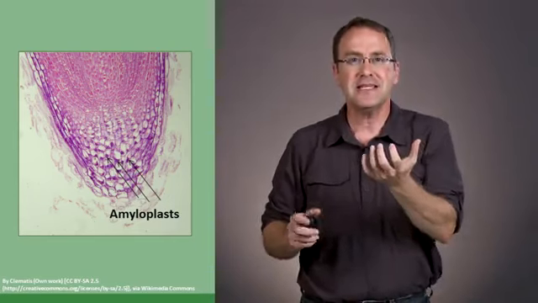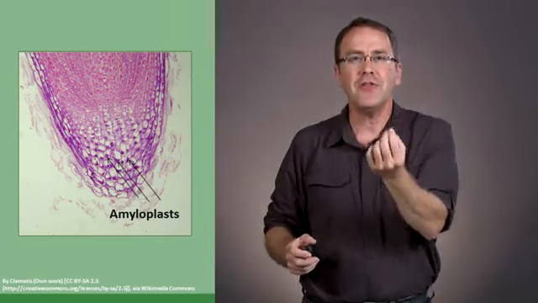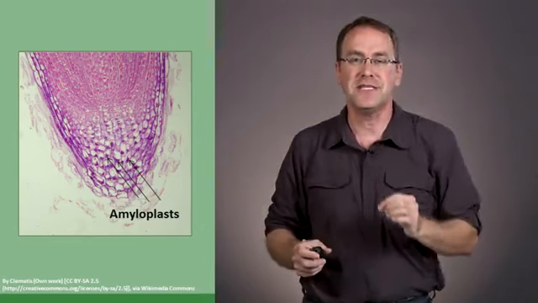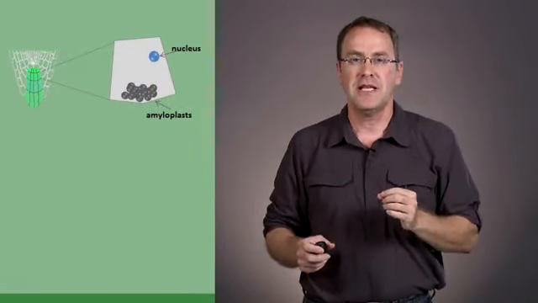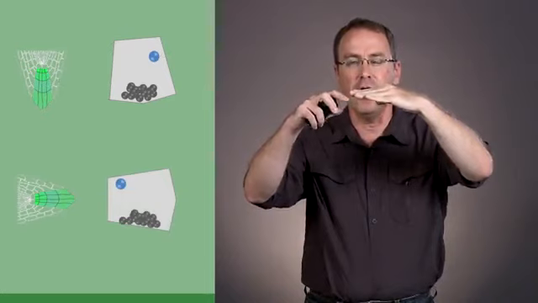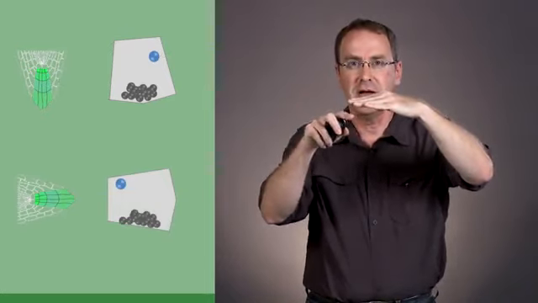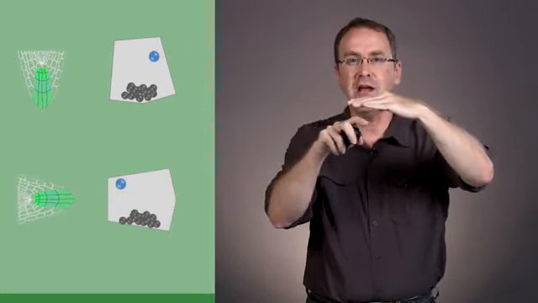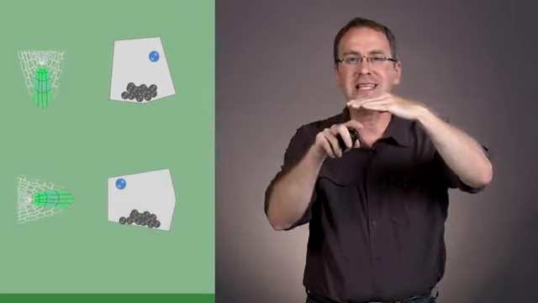And what we can see is that these amyloplasts are found on the bottom side of the cells, such that if you take a root and turn it onto its side, the amyloplasts then fall to the bottom of the cell and are defining what is the downside of the cells.